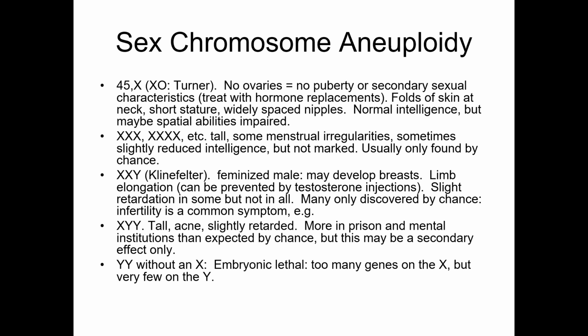And if you talk about sex chromosomes and aneuploidy, the variation in the chromosome number has different names. For example, here in a human being, there are 45 chromosomes plus one X chromosome.